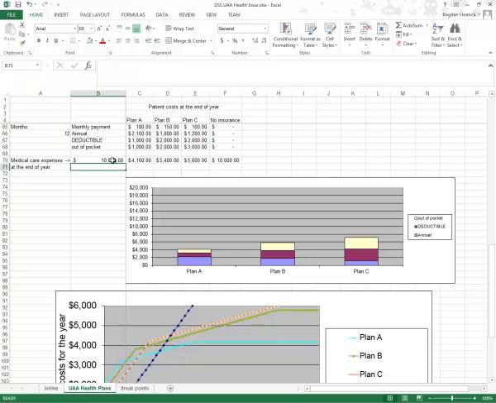And looks like the other two plans B and C are still going up under, let's say, $20,000. You can see that Plan A again didn't change, Plan B didn't change, Plan C went up a little bit, and again this is much better than paying the whole amount out of pocket because there's no insurance.